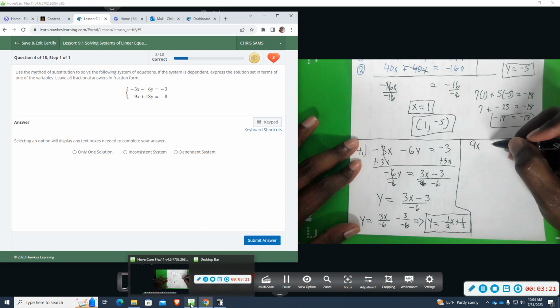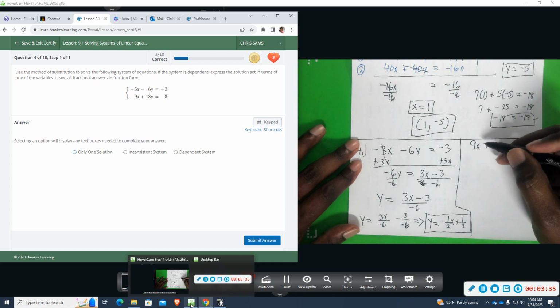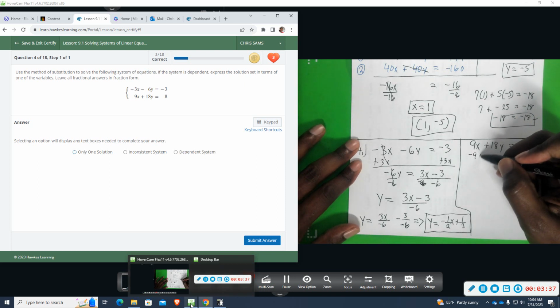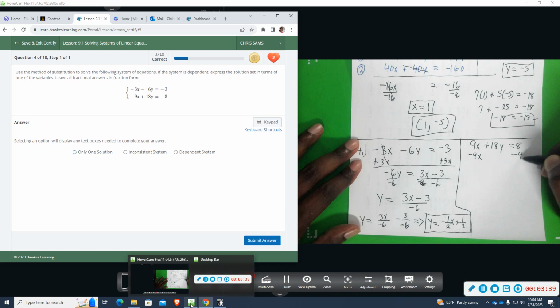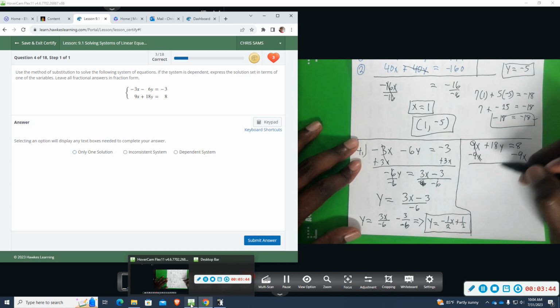9x plus 18y equals 8. And I'm going to solve for y. So subtract 9x. The 9x will go away, bring down the 18y equals a negative 9x plus 8.